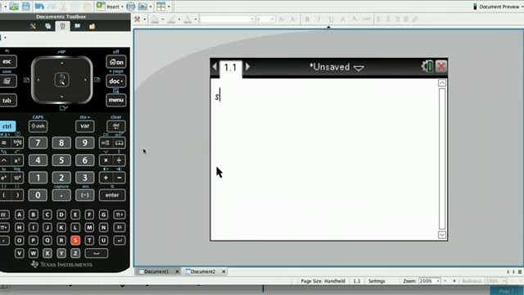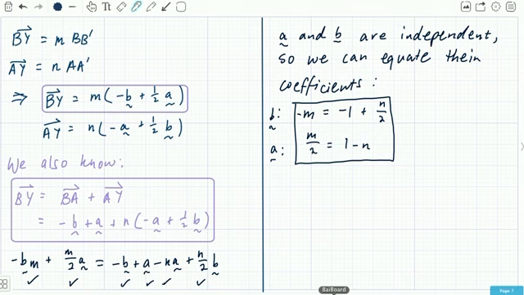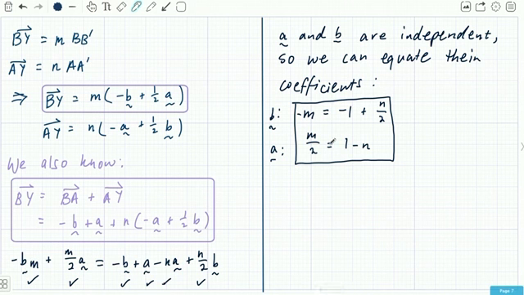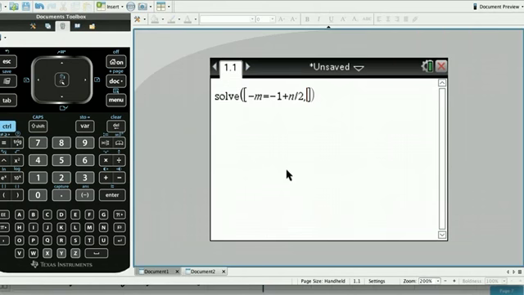Okay, so I'm going to put in solve. I'm going to use square brackets as well, and then just put in my equations. So negative m equals negative 1 plus n on 2, and then the second one is m on 2 equals 1 minus n.